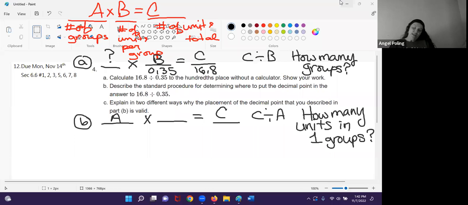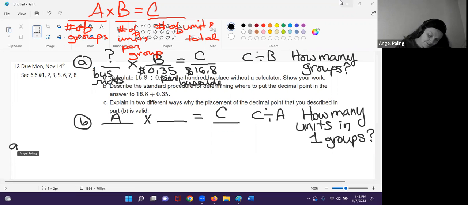And so if we commit to the money example, we could call C a quantity of money, and we could call B a quantity of money per. We used bus ride earlier, right? So we could commit to that one. And we were asking how many bus rides do we get?